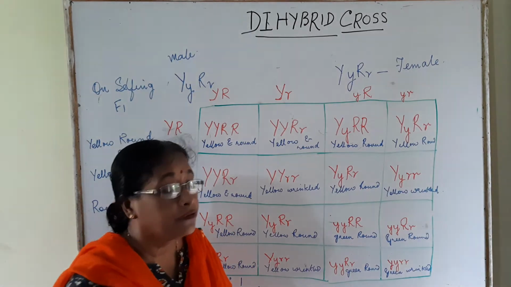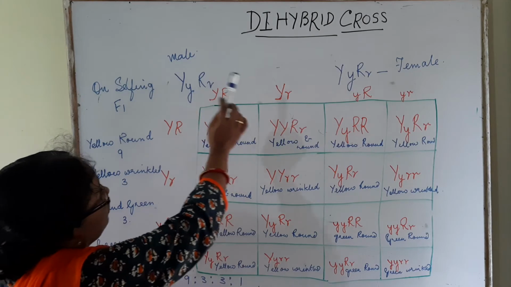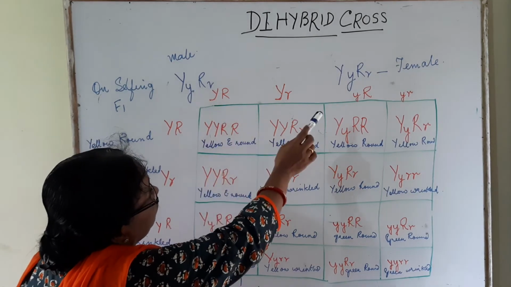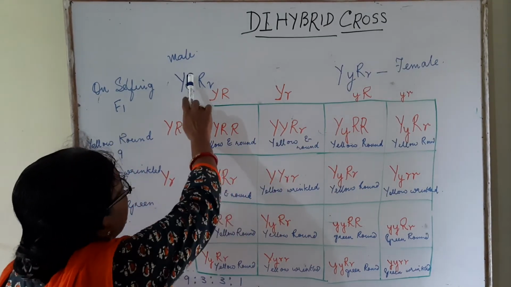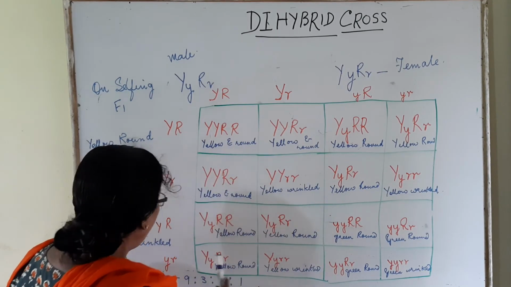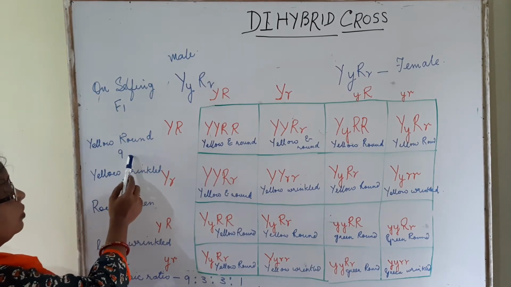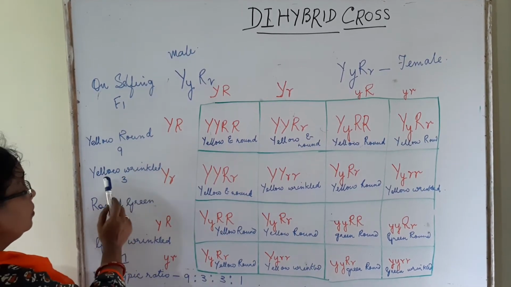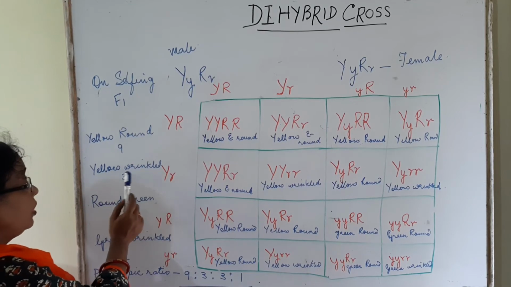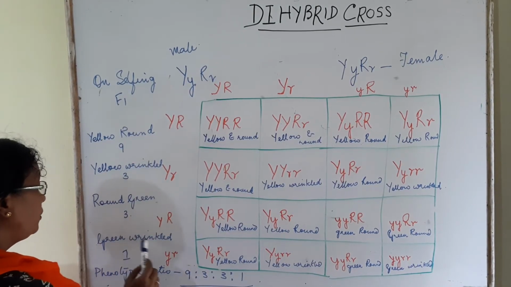When Mendel selfed the F1 generation, that is, he took round and yellow male and female, what he got is different varieties of progeny. He got 9 round and yellow, 3 yellow and wrinkled, 3 round and green, and 1 green and wrinkled.